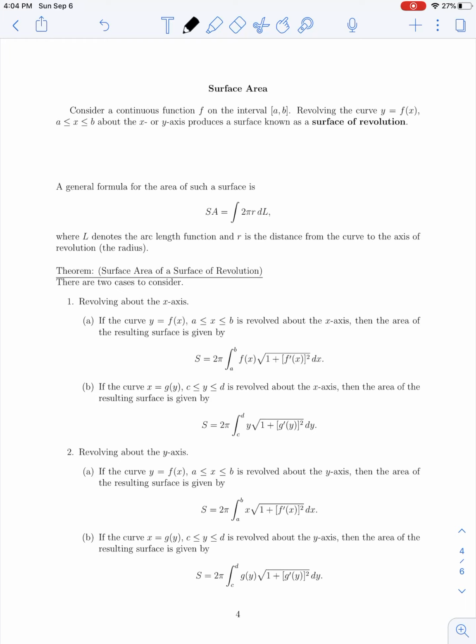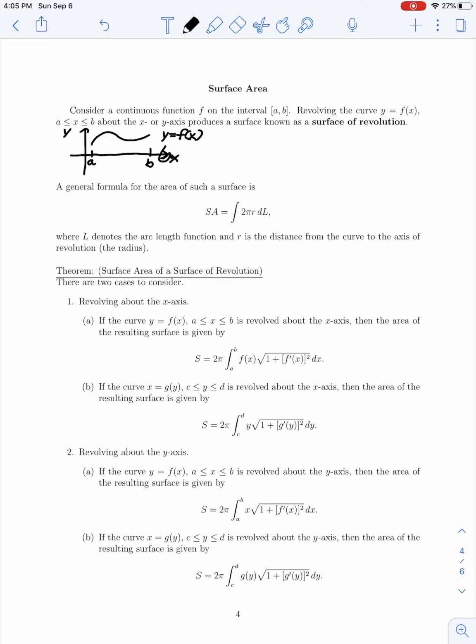So let's consider the problem geometrically. Let's suppose in the xy plane, maybe in the first quadrant, I have the graph of some function, y equals f of x, on an x interval from a to b. And let's say that I take that curve and I revolve it about the x-axis.